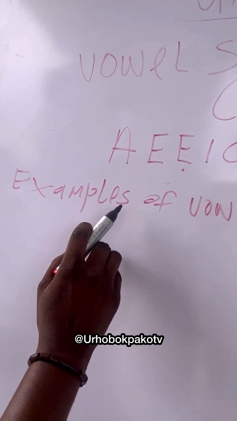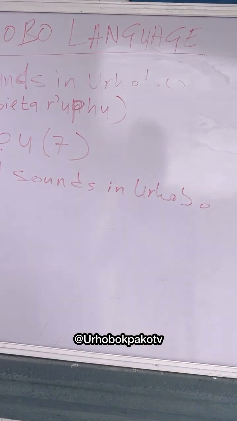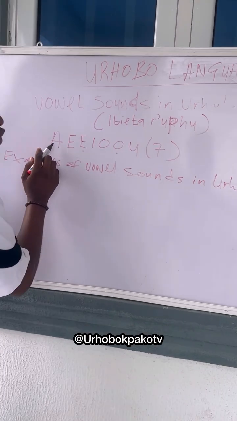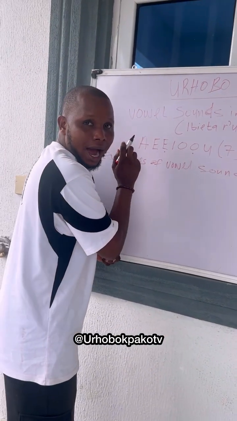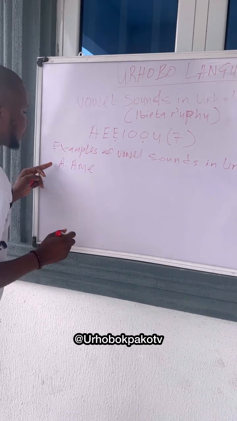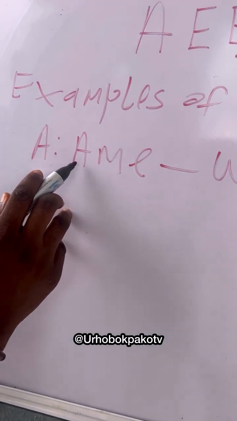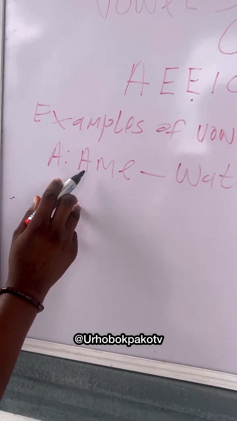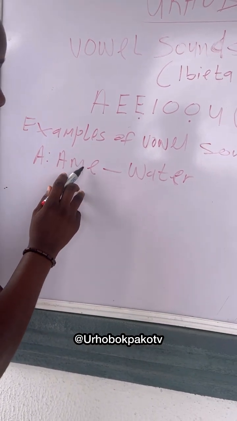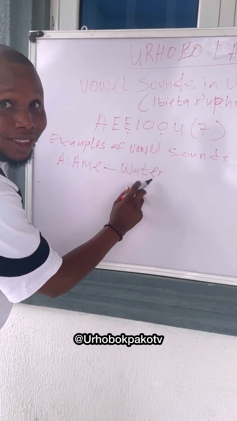Now, examples of vowel sounds in Urhobo. First of all, we want to make use of this A. Now, this A, I use it to write ame, which is water.